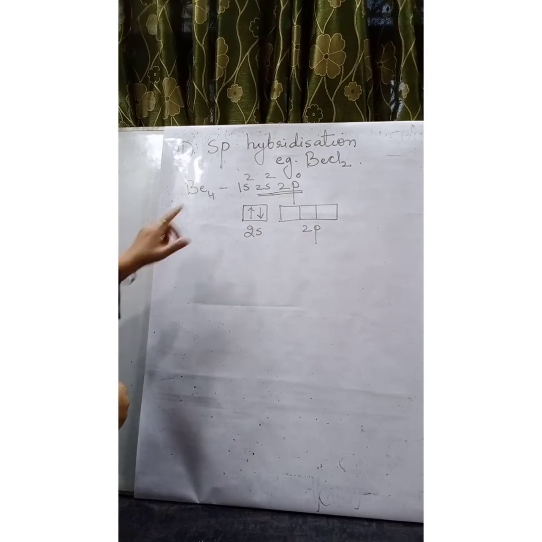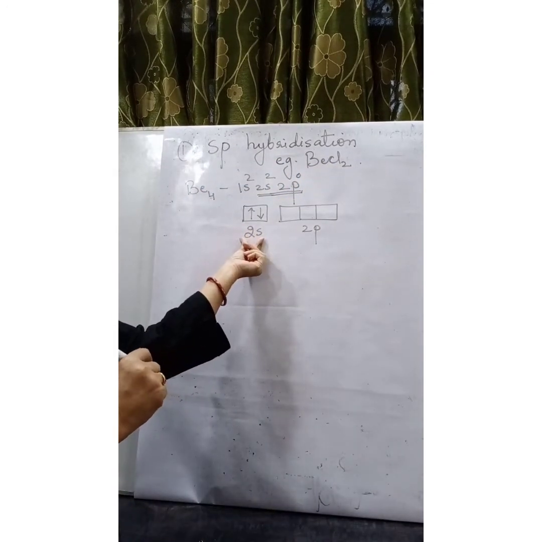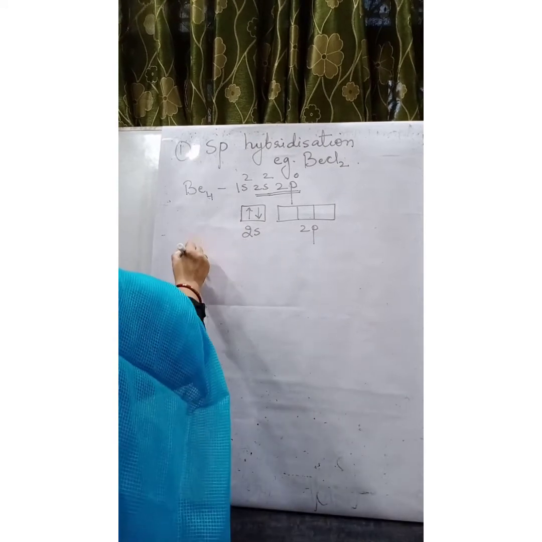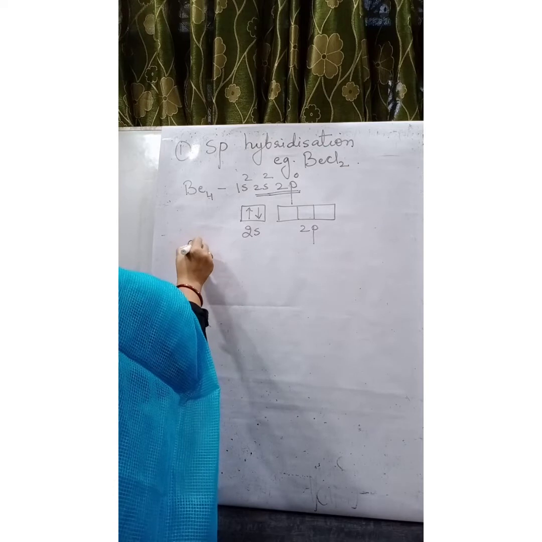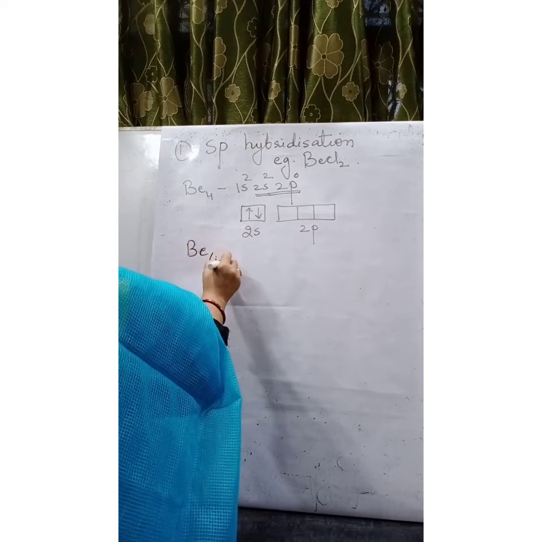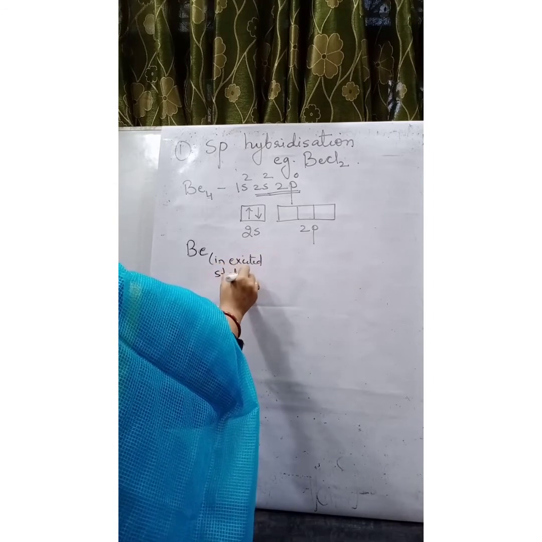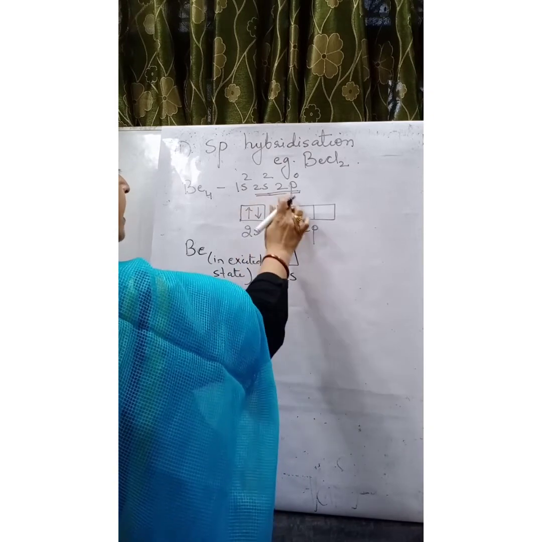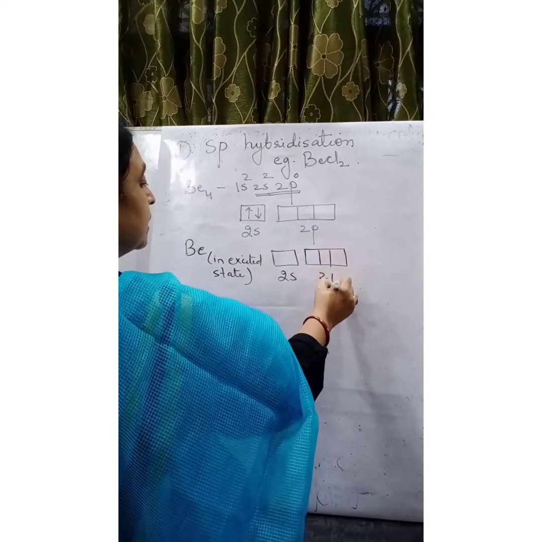Now beryllium combines with two chlorine atoms. Here the electrons are present in the 2s atomic orbital, so it cannot undergo intermixing. So what happens? Beryllium moves into the excited state. In the excited state, one of the 2s electrons gets excited and occupies the vacant 2p orbital.